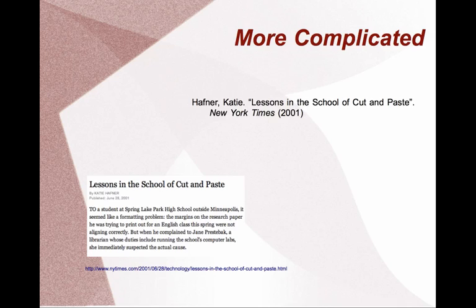Then we put both the publishing information as well as the place that we got this from. So this is from the New York Times Online, and notice that it is italicized because the article, which is in quotes, is part of the work, which is the New York Times, and this one was released in 2001.